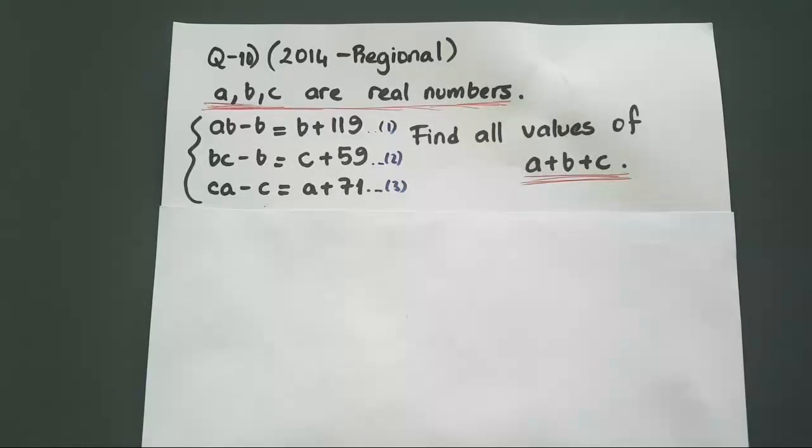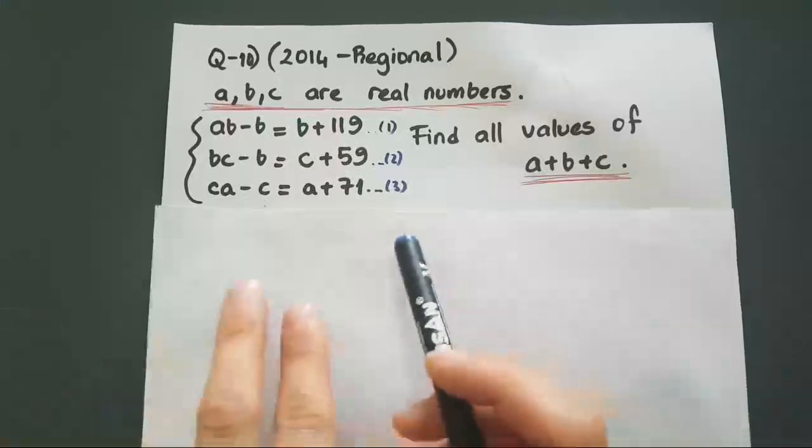AB minus B, BC minus B, CA minus C. If you get something, please write here. Can you write the left side of the first one?